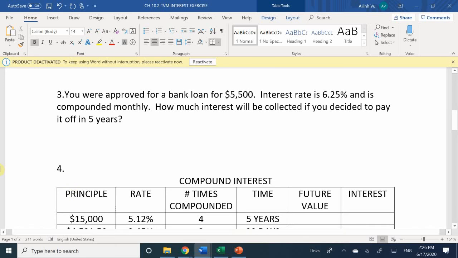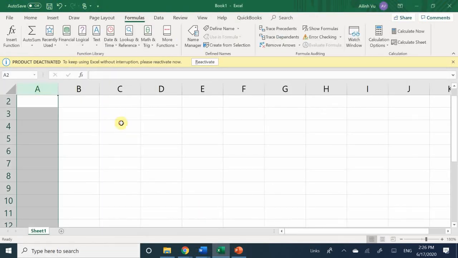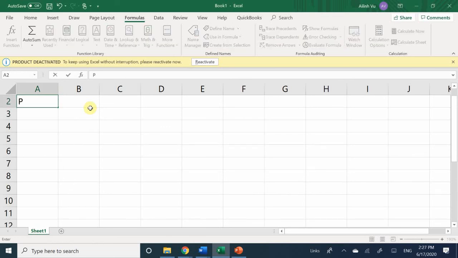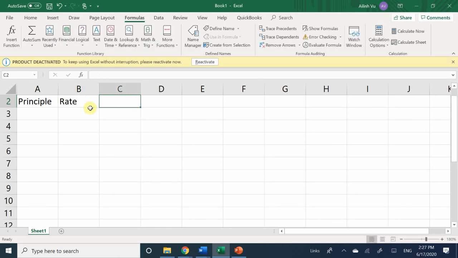All right. So here I'm gonna go ahead and go into my handy dandy Excel sheet. I'm gonna label it here at the top. So this will be my principal, this will be my rate, this will be my number, and then this will be time.